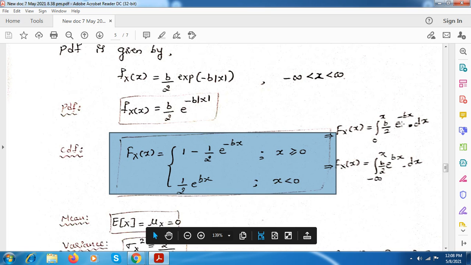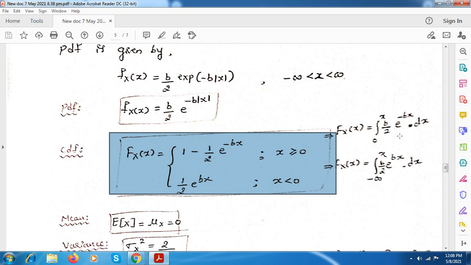And here if you integrate, it will be e to the power of minus bx divided by minus b. So this b gets cancelled, the minus term will be there, and here it will be minus 1 by 2 e to the power of minus bx. When you put this upper limit, this will be the term with minus, and when you put the lower limit as 0, it will be minus of minus 1. So here it will be plus 1 minus this term.